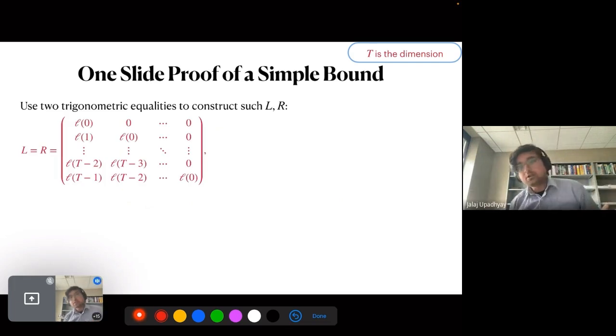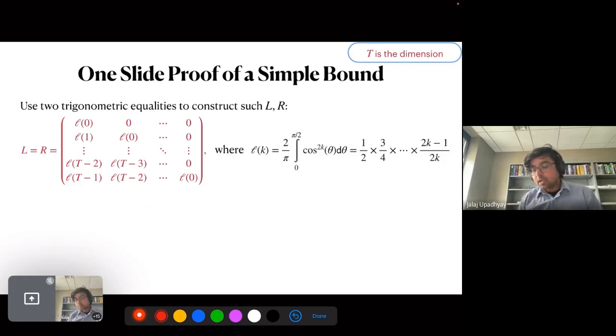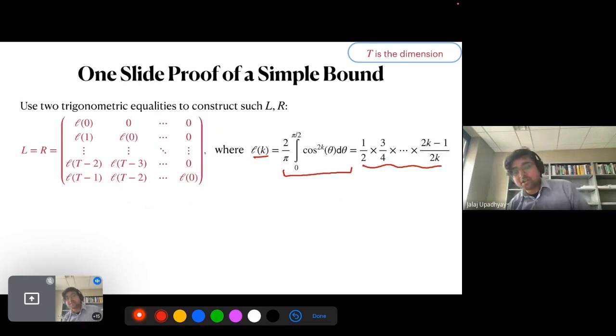Basically, I construct a lower triangular Toeplitz matrix. Both L and R are lower triangular Toeplitz, so multiplication is much faster. My (l,k)th entry looks a little bit funky, but it is a nice higher power of the cosine function. That's why I said it has a nice trigonometric inequality to work with.